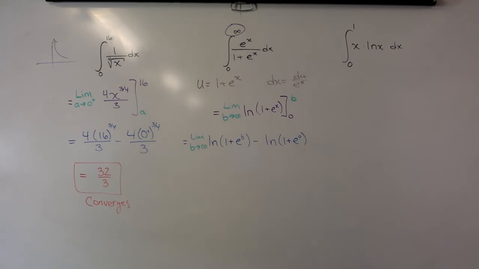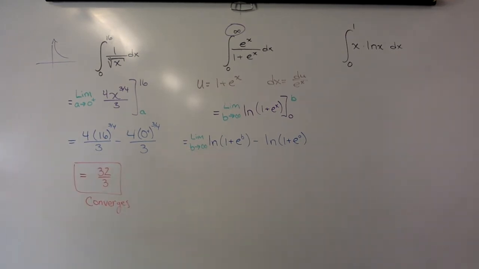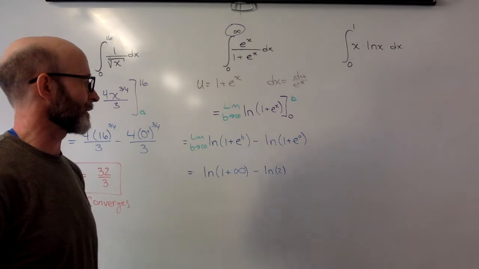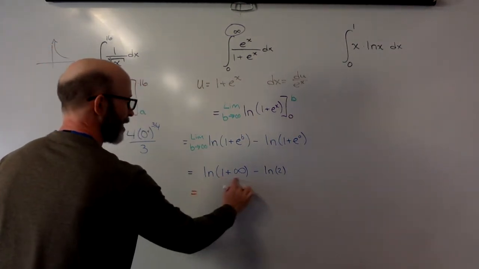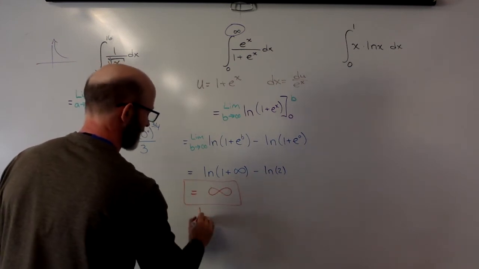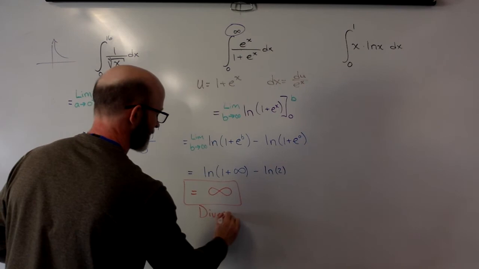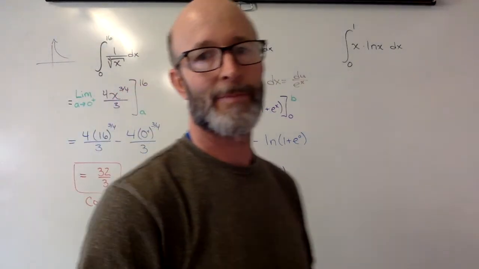Plug in those numbers. I know, I still have a limit here. And then algebra-matize it. And yeah, e to an infinite power is going to be infinitely large. I think even a logarithm, which grows really slowly, if you take the log of something infinitely large, you get a really large answer. So big, in fact, I'm going to say that diverges.